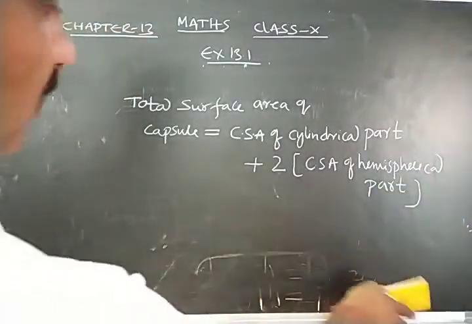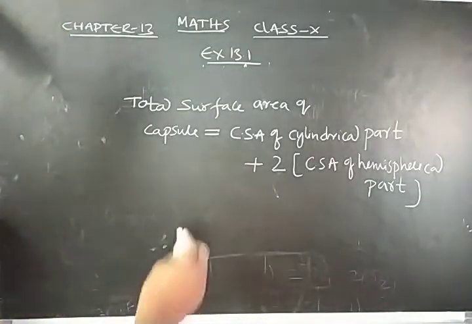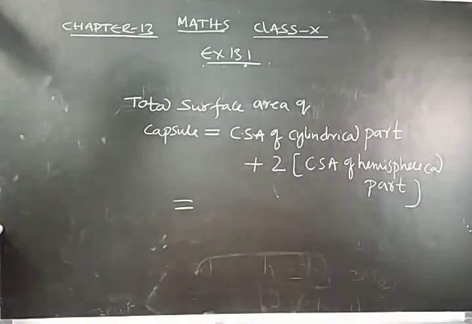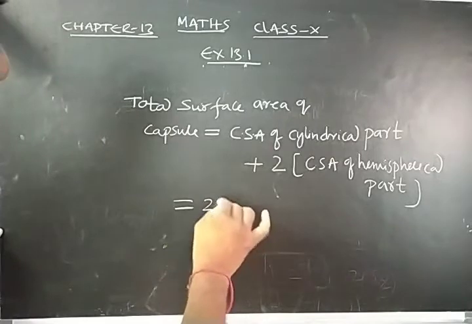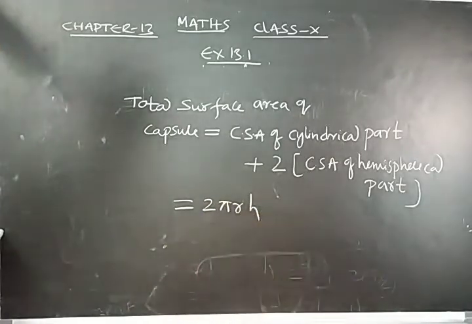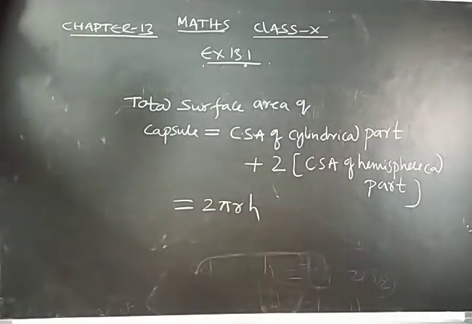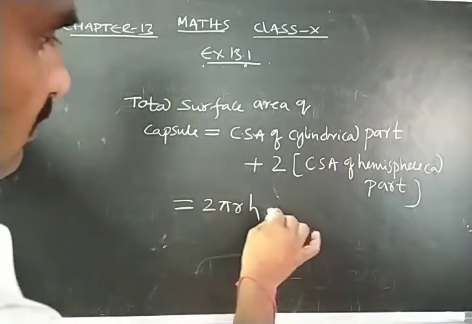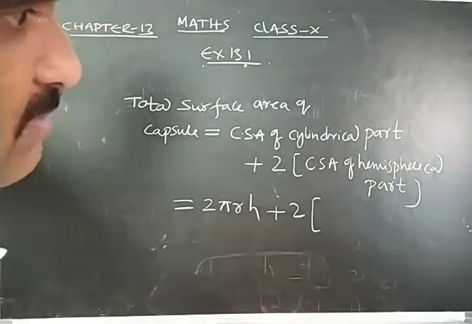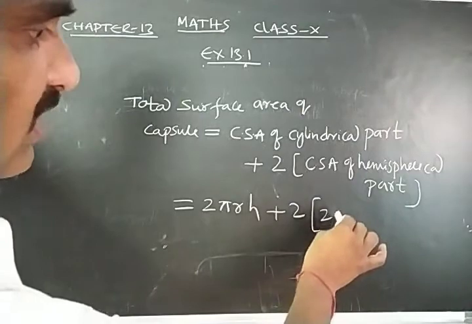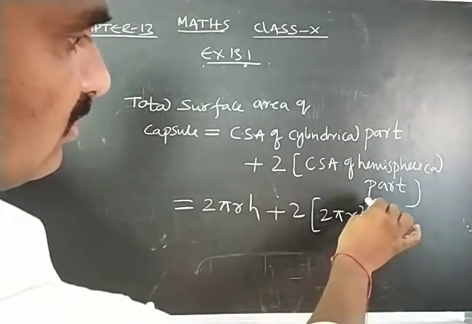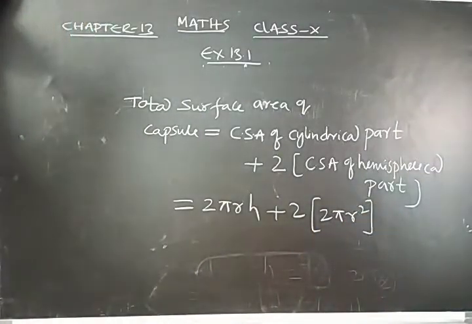So this will give the total surface area of the capsule. What is the CSA of the cylindrical part? The formula is 2 pi r h. Plus 2 into the CSA of the hemisphere, which is 2 pi r squared.